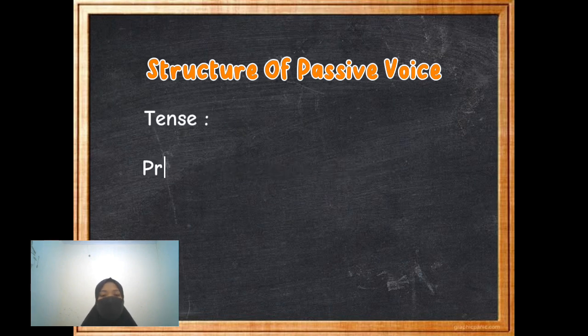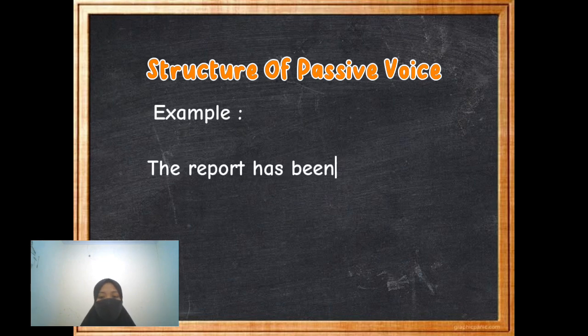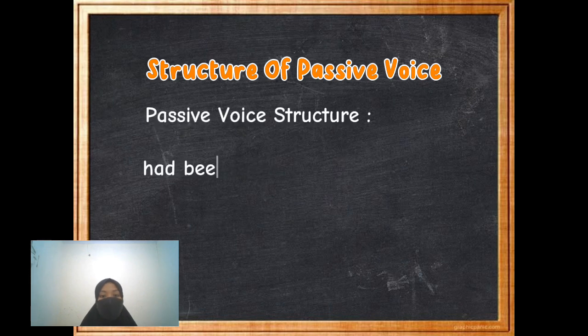Okay, next, present perfect: has, have been plus V3. For example, the report has been written. Next, past perfect: had been plus V3.